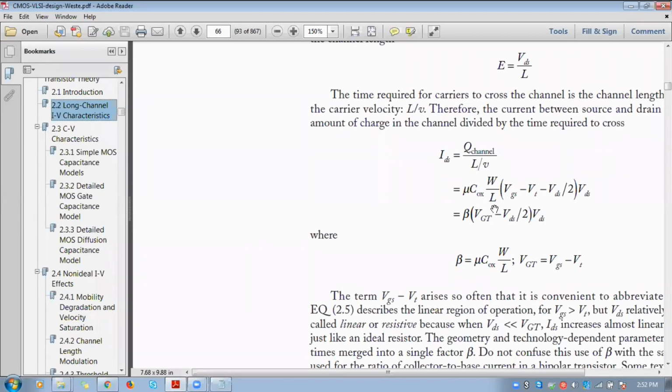So 10 micrometer is the length of the channel, that is the length between source and drain. Now recently, in the i7 processor and others, 14 nanometer technology is used. Compare 10 micrometer and 14 nanometer. So the length of the channel is getting reduced as technology progresses, right? So if the length of the channel is less, more output current can be produced. That is the geometric dependency explanation. That's all about non-ideal IV effects.